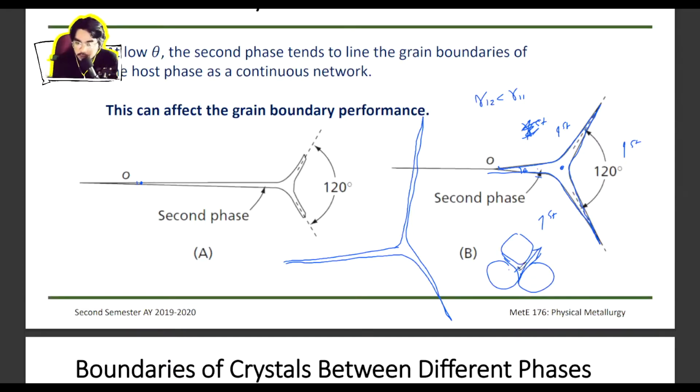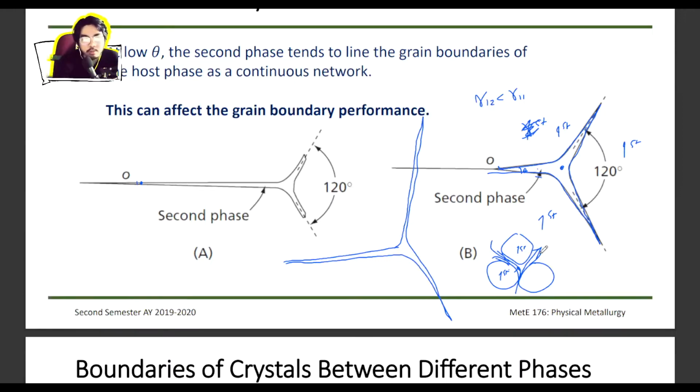Lalo na pag this is a weak phase. Kasi despite being a strong phase, kunwari, strong yung first phase mo, pero yung second phase mo is very brittle, mangyayari is sobrang brittle ng material mo. Kasi the fracture will occur at the grain boundaries, no? So intergranular yung magiging type of fracture na ma-experience ng material na to.